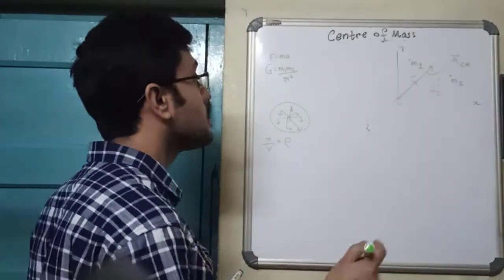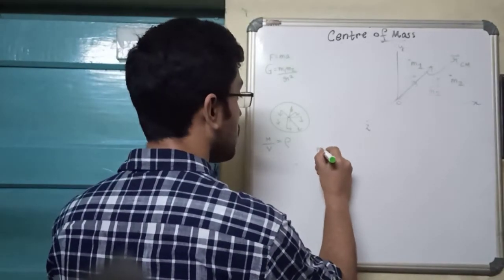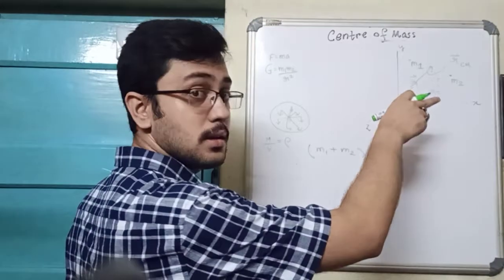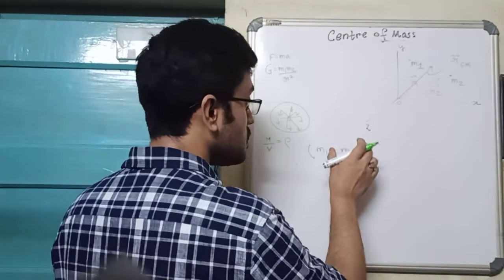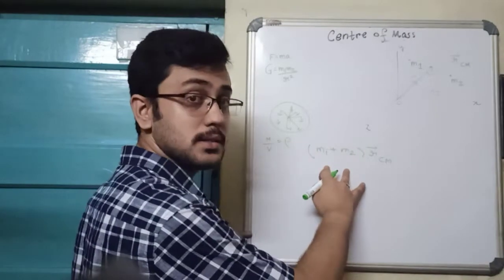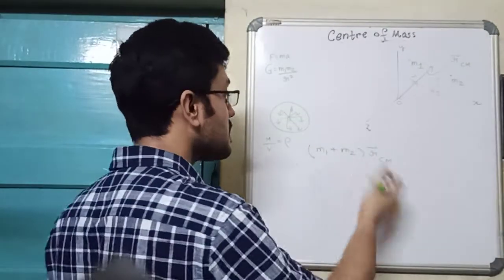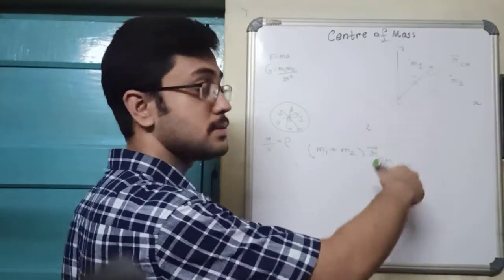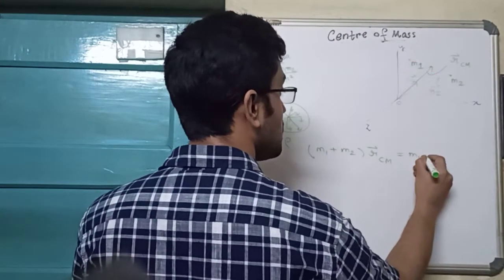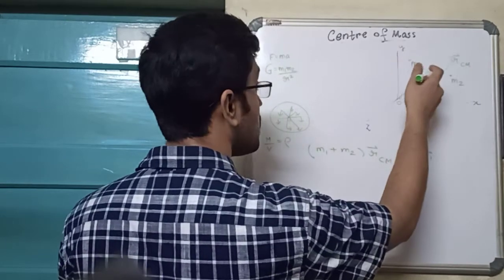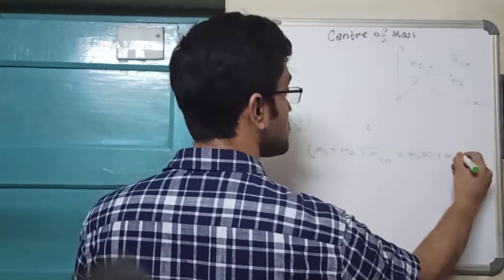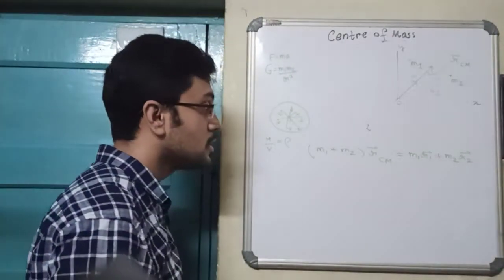So that means if I consider the entire system as 1, that is, the total mass of the system, then the total mass times the position vector of the center of mass of the system is equal to the mass of the individual particle times its position vector with respect to the origin, plus the mass of this individual particle times its position vector with respect to the origin.